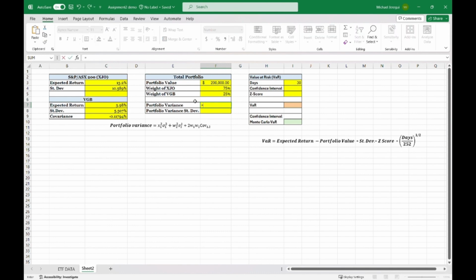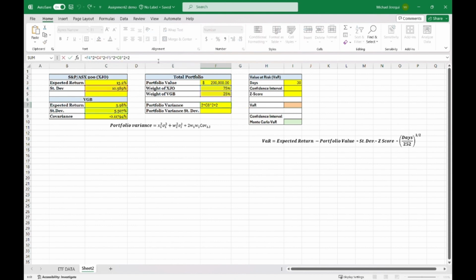We first click on the 75%, which was given in the question. Then we square it, times the standard deviation of the ASX daily returns, which we calculated, squaring that as well, plus the weight of VGB, which is 25%, squaring it as well, times the standard deviation, squaring that as well, which we can see me clicking here, plus 2 times the weight of the first, ASX 200.